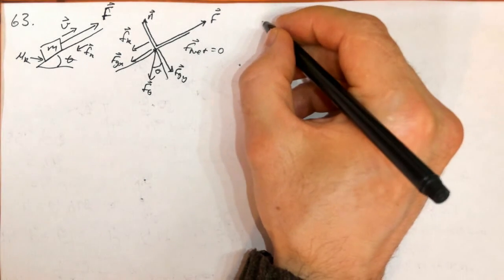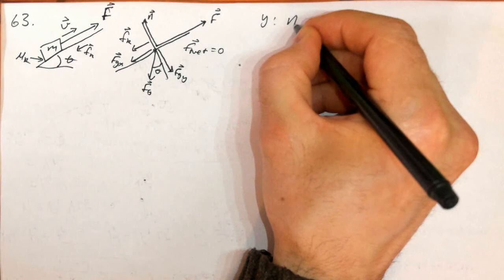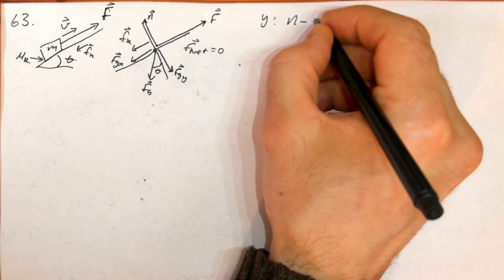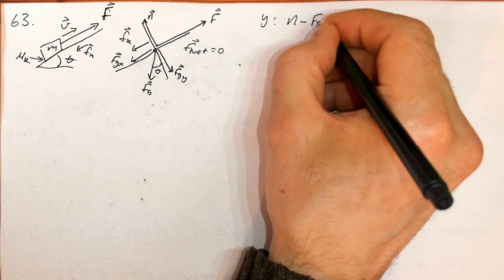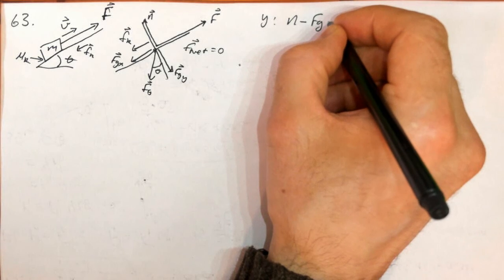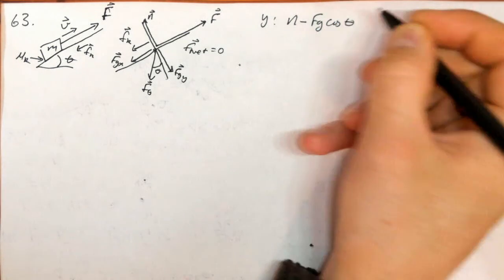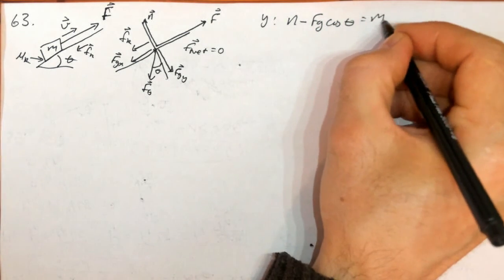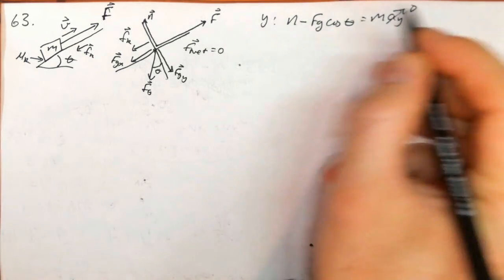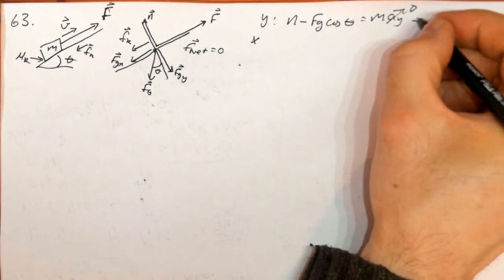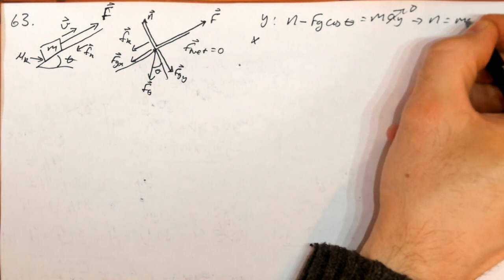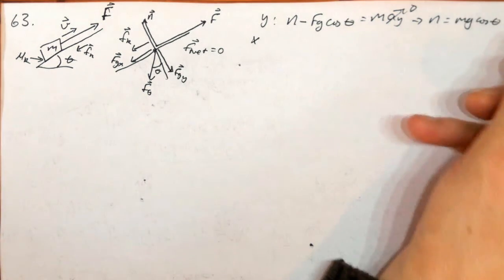Okay, so using the y, we have N minus Fg cosine of theta equals m a_y, and that's 0. That allows us to say N equals mg cosine of theta.